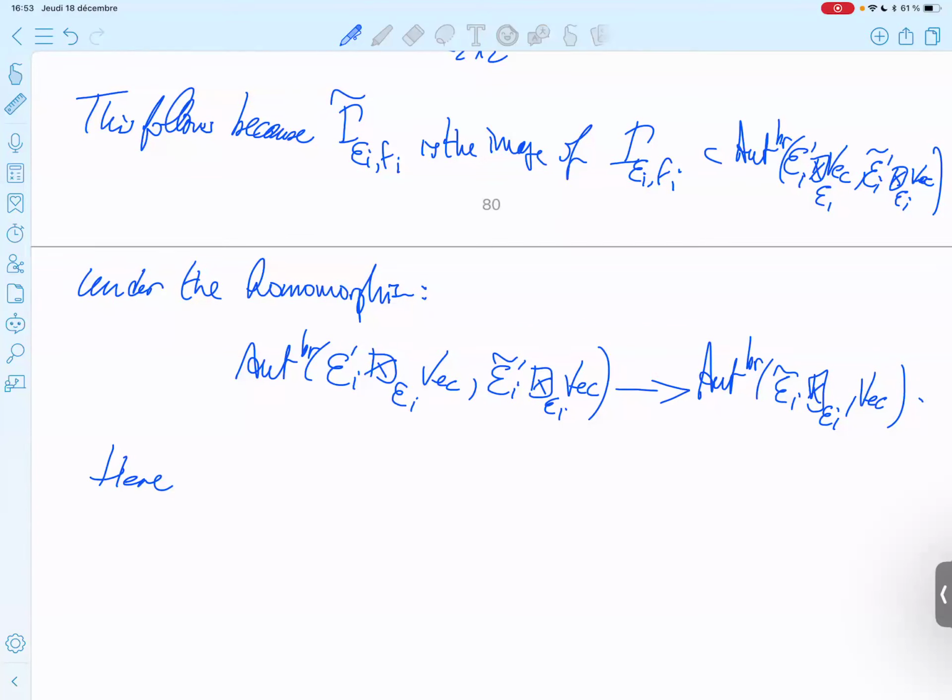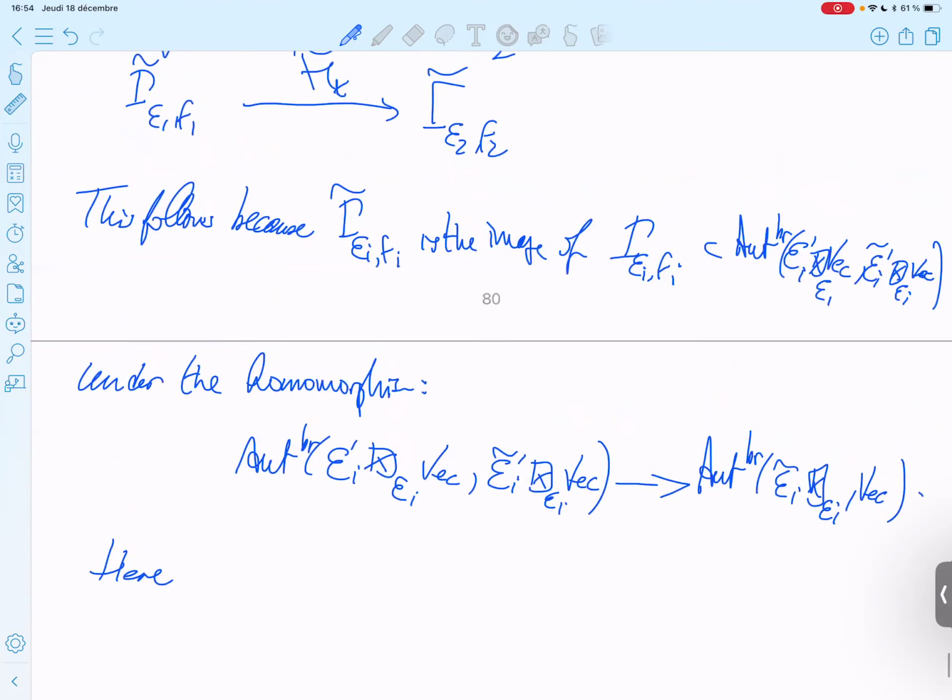So let me check if I did not miss something. Yeah, the notation may not be automorphism because we are not in the same group.